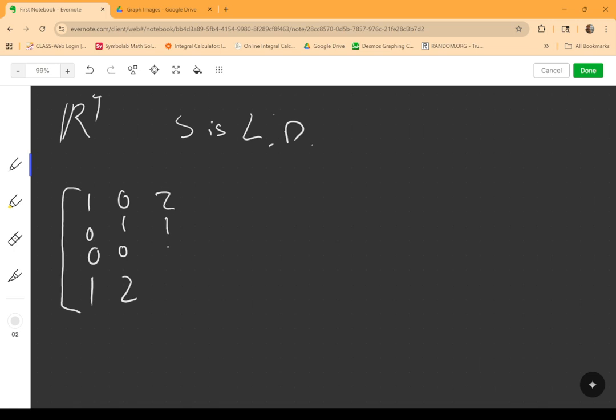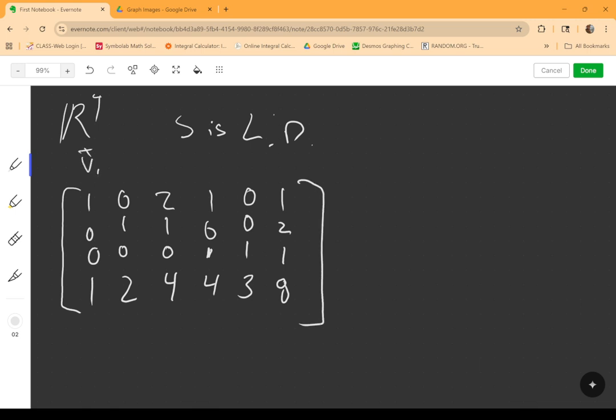The columns are (1, 0, 0, 1), (0, 1, 0, 2), (2, 1, 0, 4), (1, 0, 1, 4), (0, 0, 1, 3), and (1, 2, 1, 8). All right, so we set up our matrix where each of these are the columns here. Now I reduce it to reduced row echelon form.